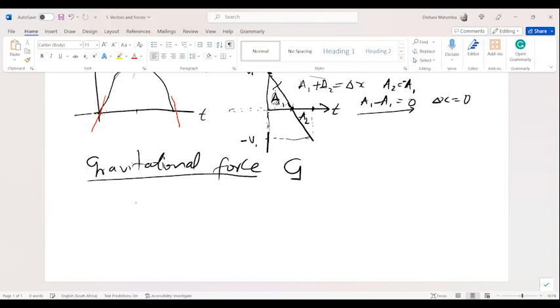G. According to Newton's universal law, he says, in a system, two objects will always exert an attractive force towards one another.